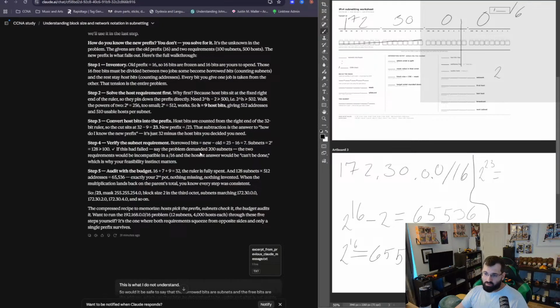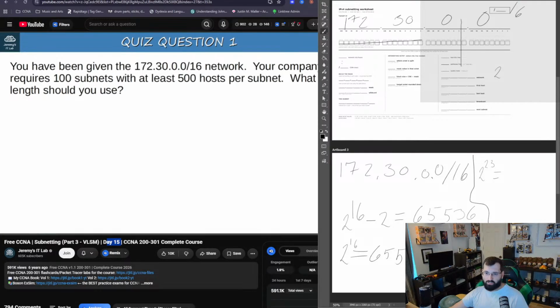Verify the subnets required borrowed bits: the new minus old. 23 is the new, minus 16 equals 7. So subnets equals 2 to the 7th, which is greater than 100.